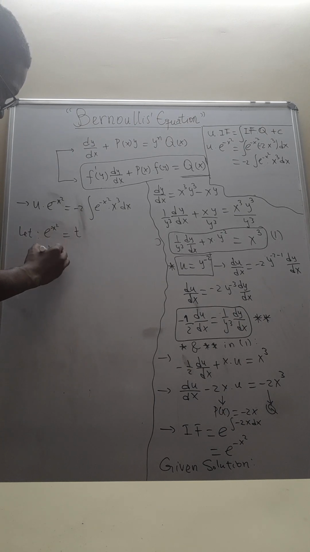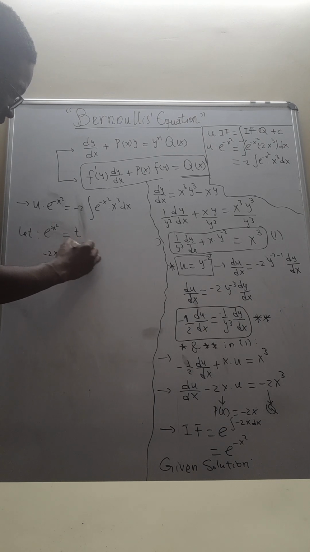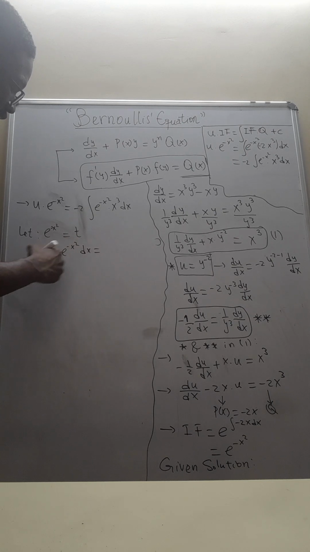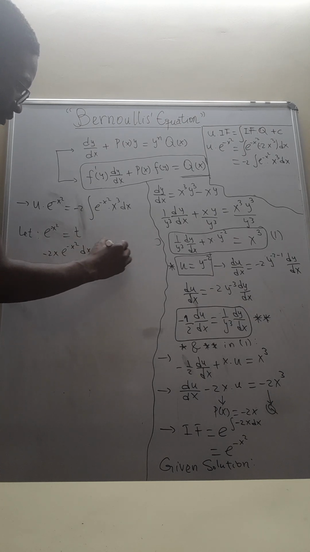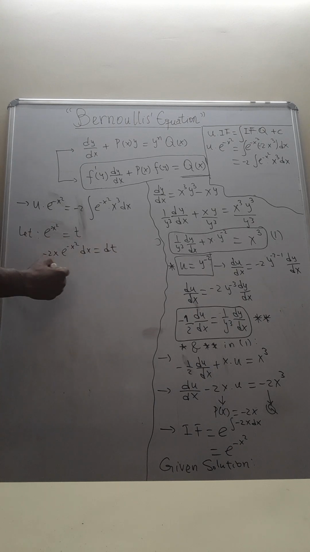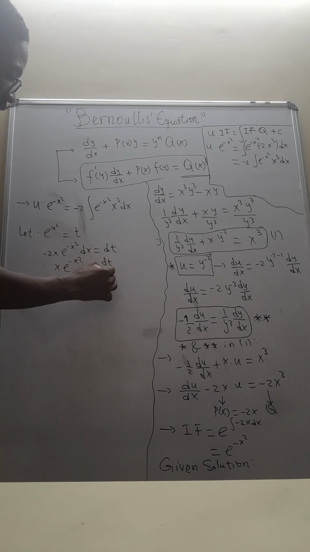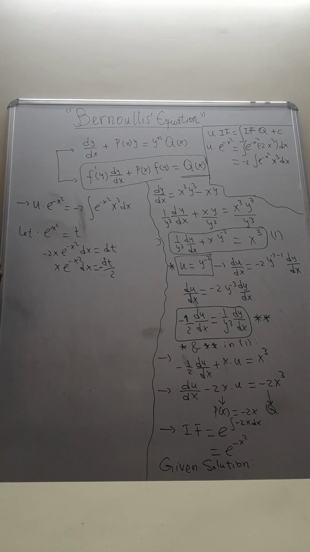If you differentiate this with respect to x, it will be minus 2x times Euler minus x squared, dx equals dt. Now we have dt. Then we can send this minus 2, a constant, so x Euler minus x squared dx equals dt by minus 2.